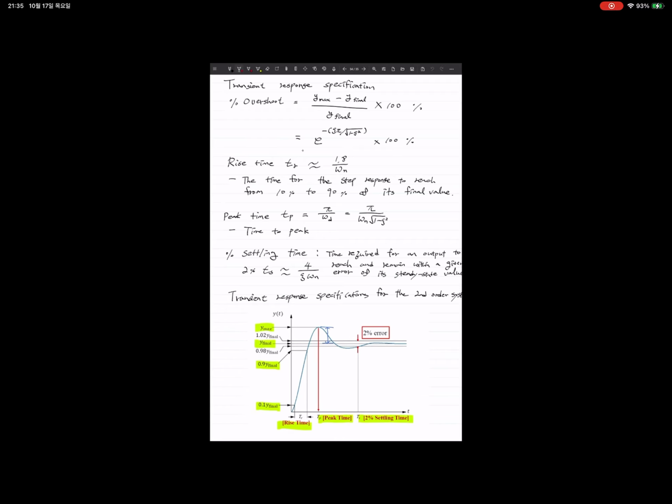So if you look at this equation for the percent overshoot, you can notice that the overshoot is depending on the damping ratio zeta. So let us look at the relationship between damping ratio and overshoot.